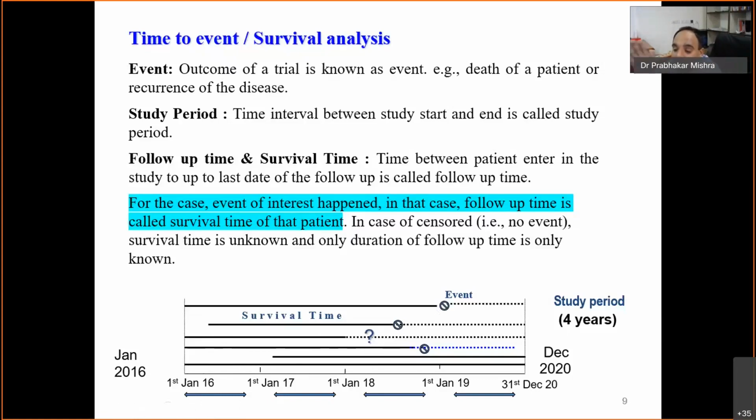So the difference between survival time and follow-up is very clear. If the patient experienced the event, then that follow-up is called survival time. But if the patient did not experience the event of interest, that follow-up is only follow-up, not a survival time.